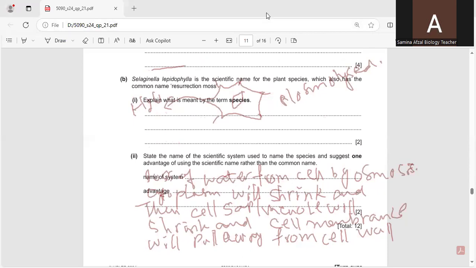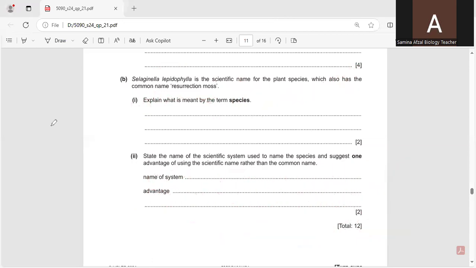And the next question is, Selaginella lepidophylla is the scientific name for the plant species, which also has the common name resurrection moss. Explain what is meant by the term species.